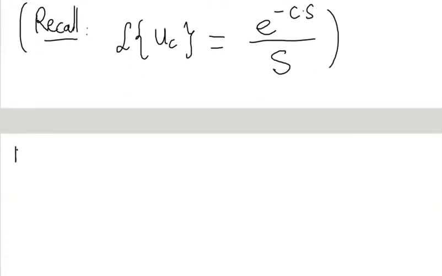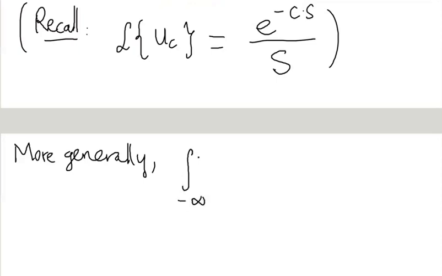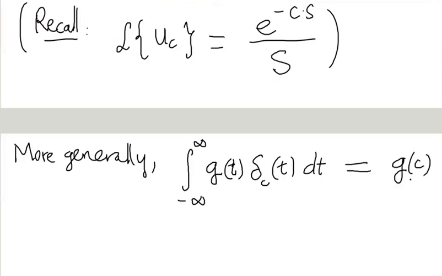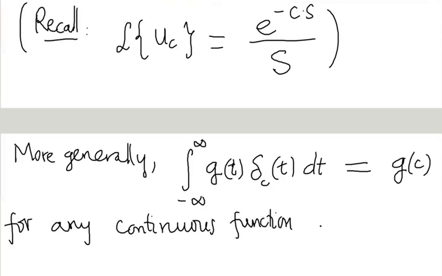More generally, which we will not use, but sometimes when people talk about the Dirac delta function, they use this property: the integral from minus infinity to infinity of any function g of t times delta c of t dt is just the value of g at c, for any continuous function g.